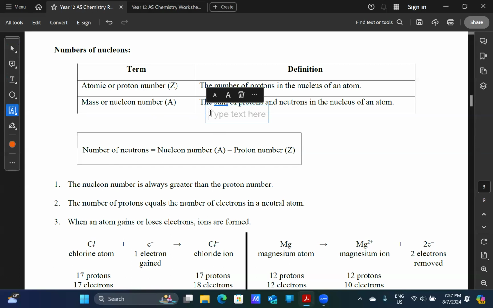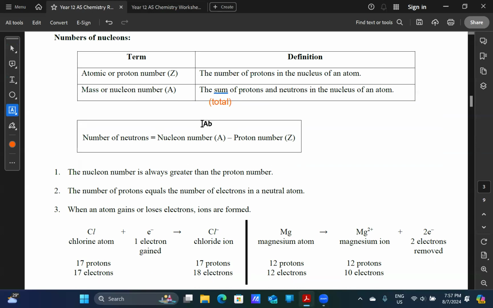The word sum means the total number of protons and neutrons. So how do we calculate the number of neutrons with the information given about mass number and proton number? It's easy. We just find the difference between the mass number and the proton number. The difference you calculate is the number of neutrons.